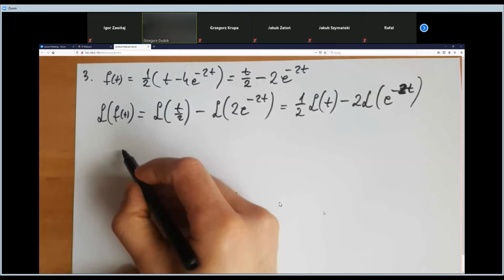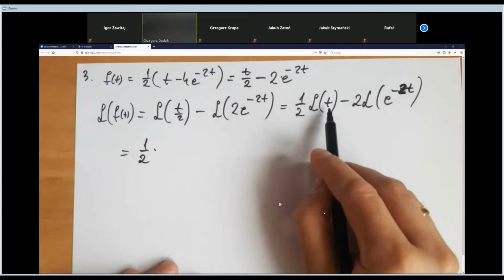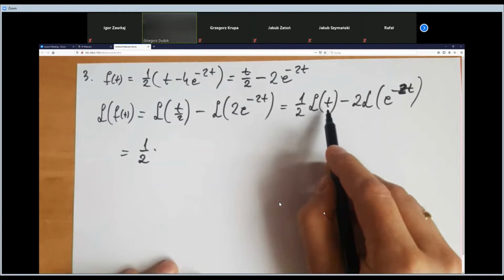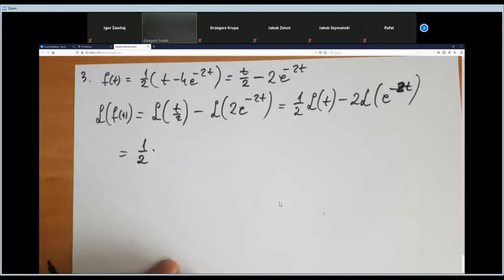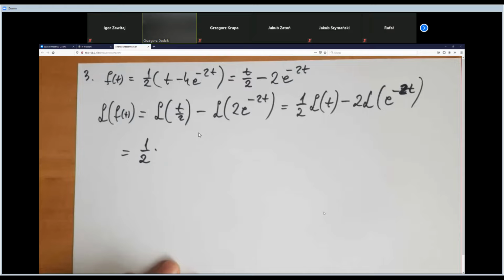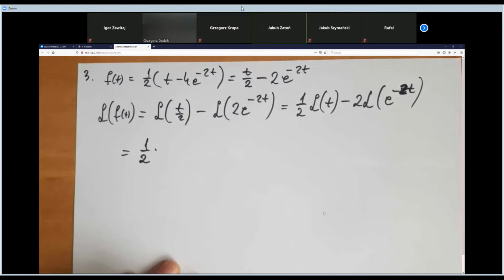And this is equal to 1 over 2 times, what is the Laplace transform of t? We have to go to the table or the first example. Please take a look. What is the Laplace transform of the t function? One over s? No, that's from the t function, not from the unity function. The first example.